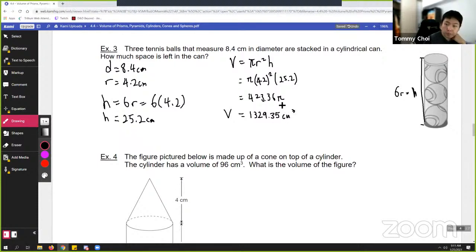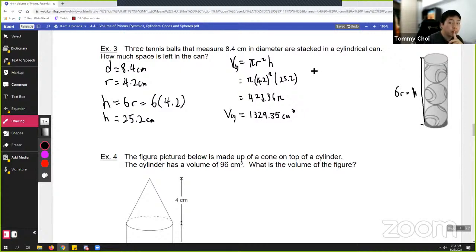Are we done here? Is this question done? Yes or no? No, Elia's right. It's not. Why? What do I have to calculate next, Elia? No, not the therefore statement, actually.